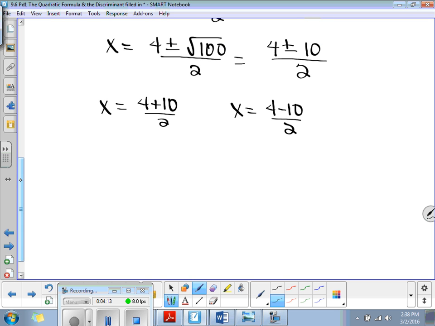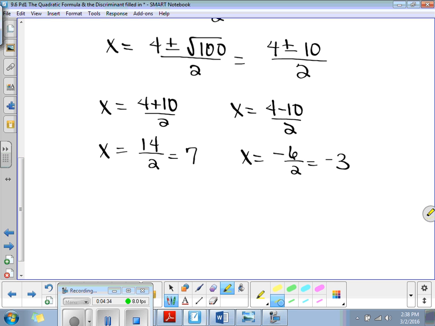So this gives me x is equal to 14 divided by 2, which is equal to 7. And over here, x is equal to negative 6 divided by 2, which is equal to negative 3. So my two solutions for the equation are x is equal to 7 and x is equal to negative 3.